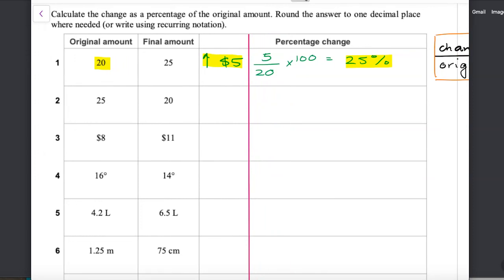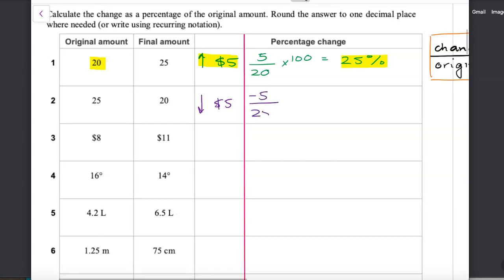So my original amount in question 2 is starting with 25, and my final amount is down to 20. So if this was in terms of dollars, I would know that I've had a decrease of $5 or a loss of $5. So the change is -5 out of my original amount, that is 25.